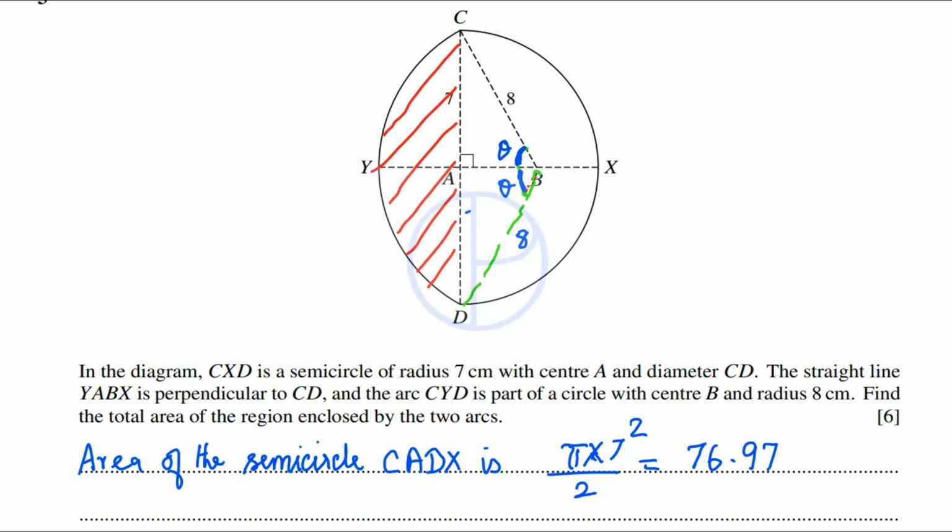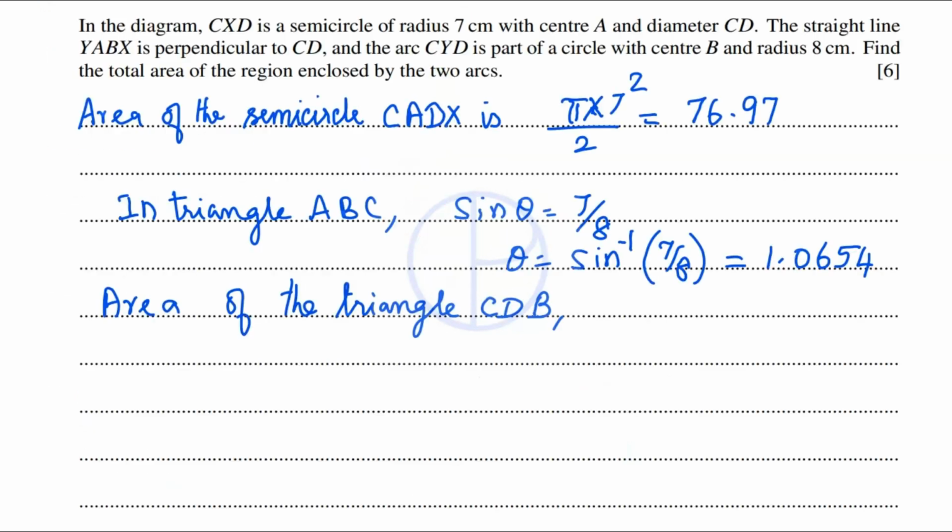So we will use half of AB sine theta, half multiplied by 8 multiplied by 8 multiplied by sine 2 theta.